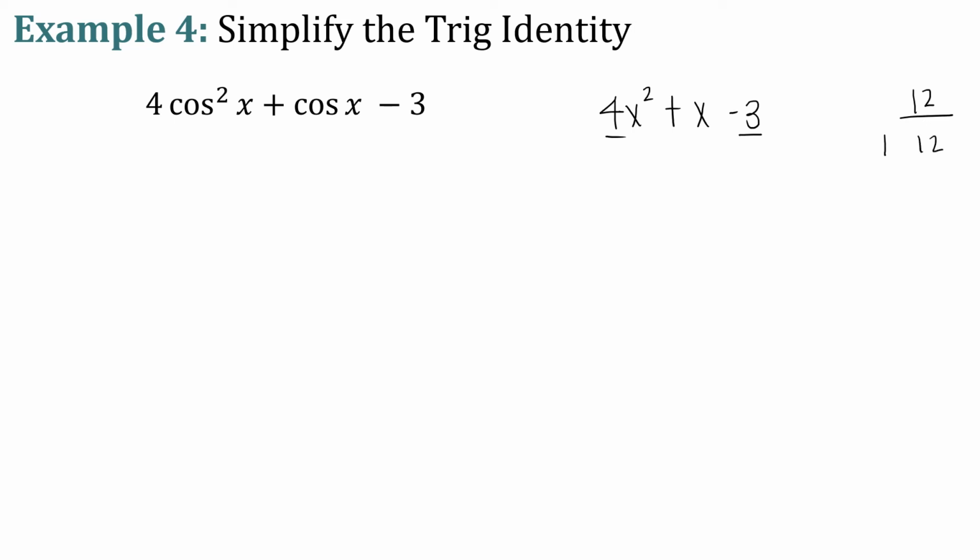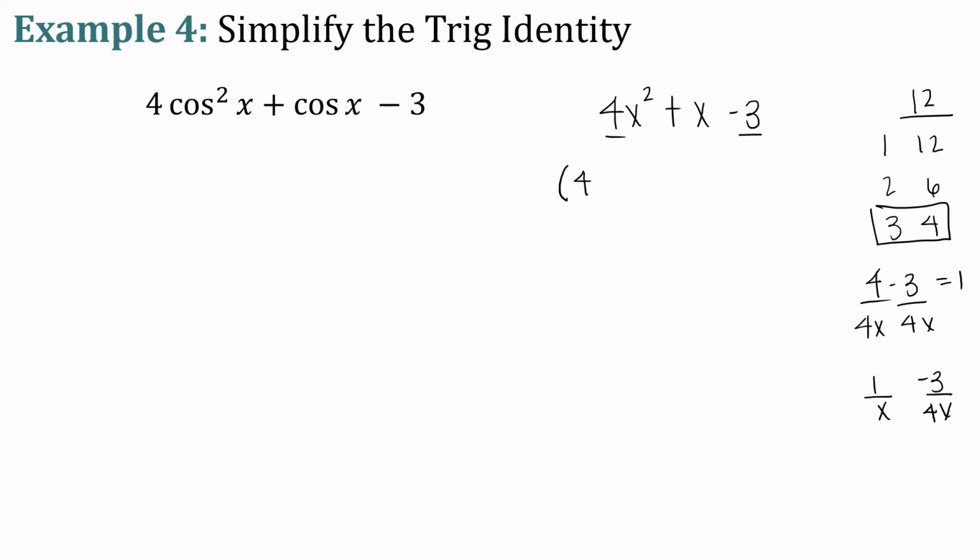My factors are 1 and 12, 2 and 6, 3 and 4. I need 2 of these that subtract to give me 1. So I see that 4 minus 3 equals 1. Putting both over my a, which is 4x, I get 1 over x and negative 3 over 4x. Now I know that this would factor to 4x minus 3 and x plus 1.